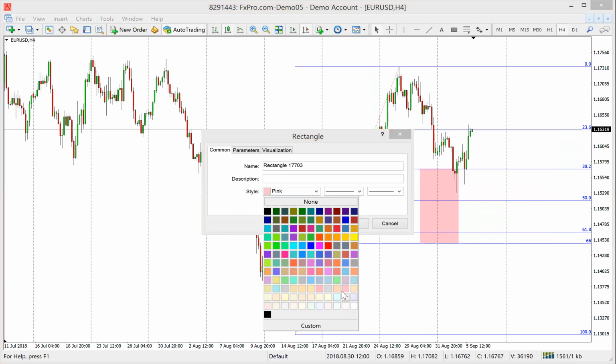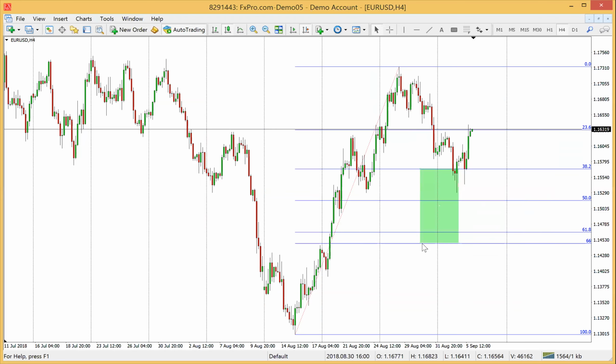Let's make it green. So this was the first example I showed, and we can see that price found a level of support here. But if you were in this trade now, you could have been up potentially just over 50 pips. A lot of people are wondering where they should cash out, or where price is likely to find a level of resistance, or where you should place your take profit.